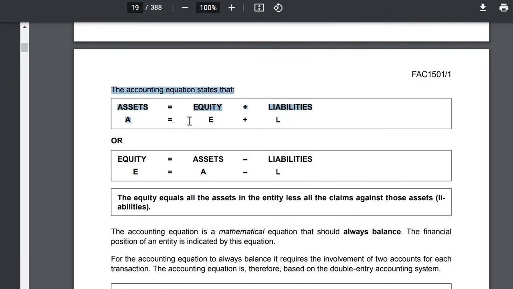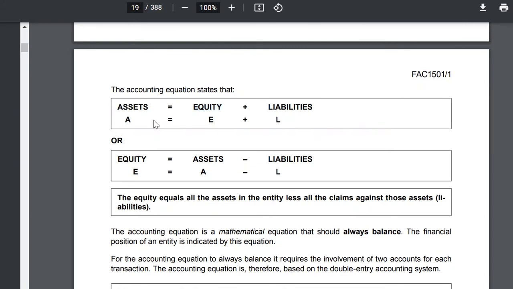When your expenses increase, they will always decrease equity. Your income, expenses, capital, drawings will always affect equity.